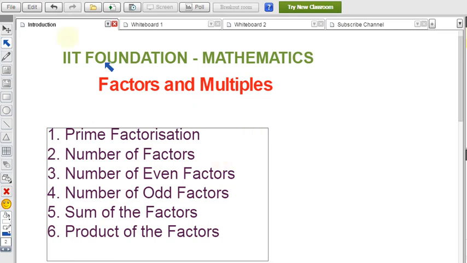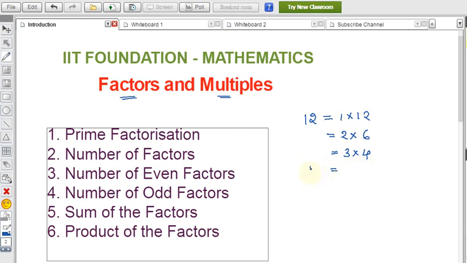Before explaining all these topics, let us see what are factors and multiples. If you take the number 12, we can write it as 1 into 12, a product of two numbers, and 2 into 6, 3 into 4, again 4 into 3.